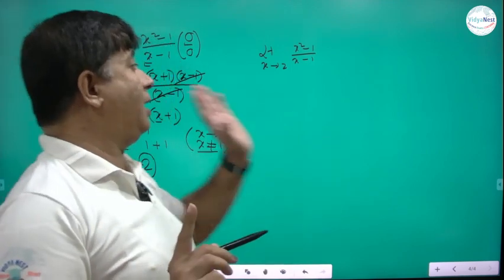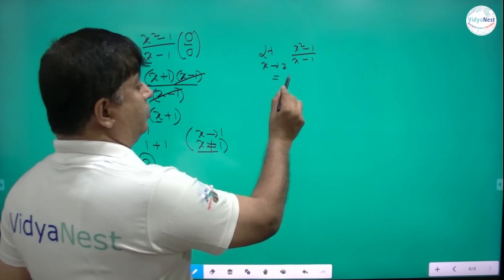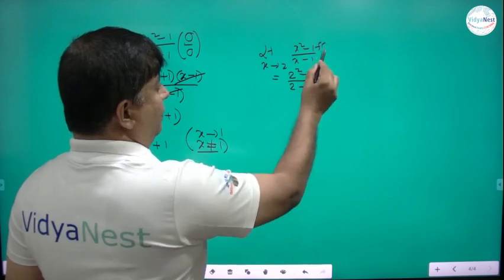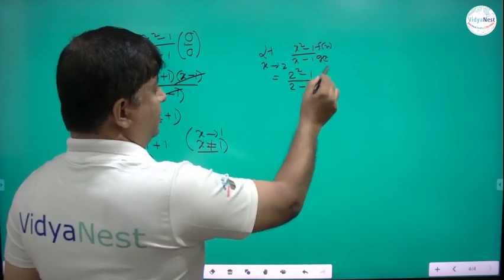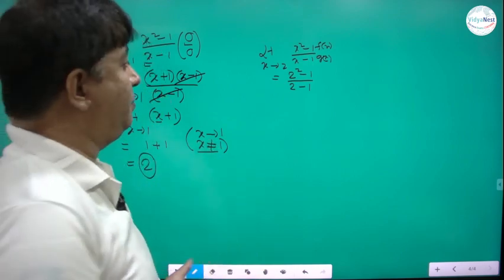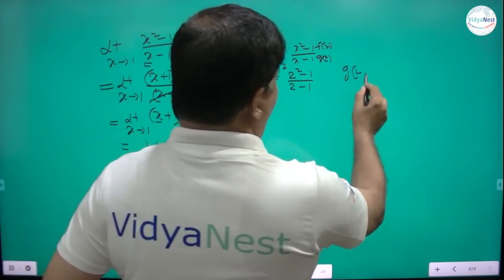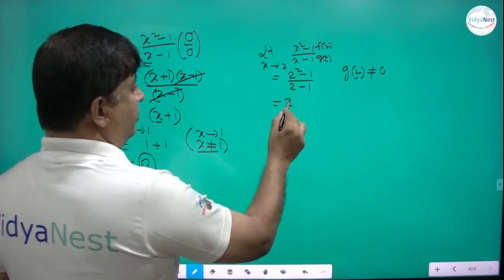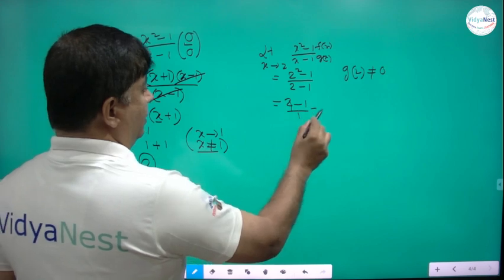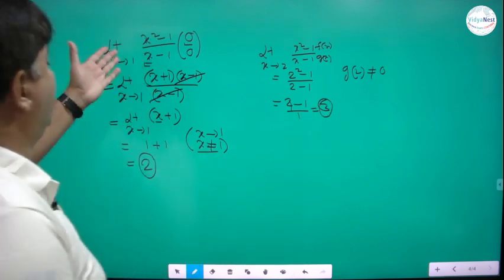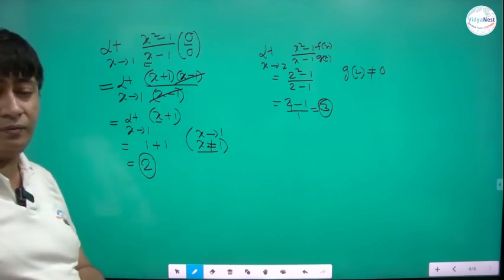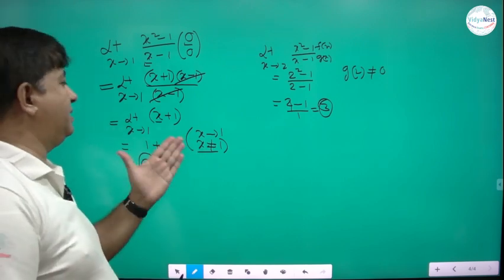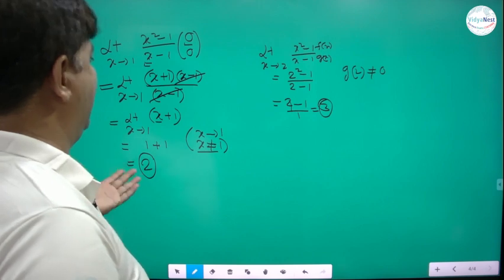No. So I am entitled to put x is equal to 2 directly, because if this is f(x) and this is g(x), which we discussed a few minutes back, here g(2) is not equal to 0. So it is 4 minus 1 by 1, and you will directly get the answer 3, but here you can't do that. Okay. So that is the basic knowledge of limit.